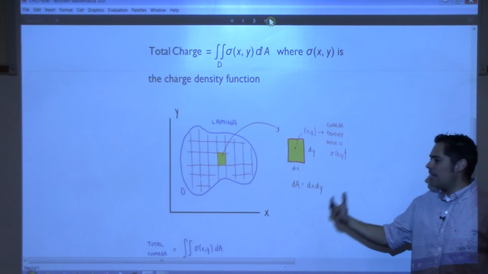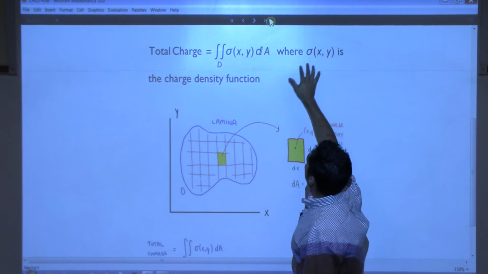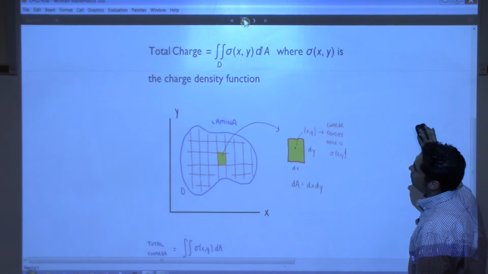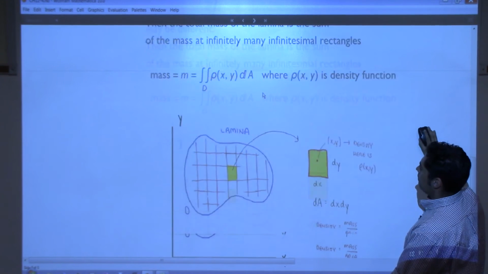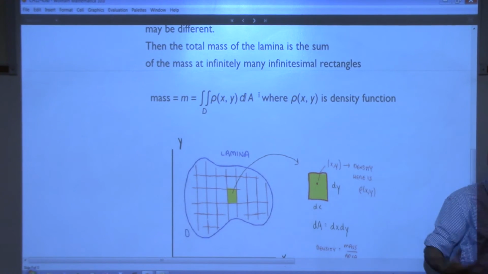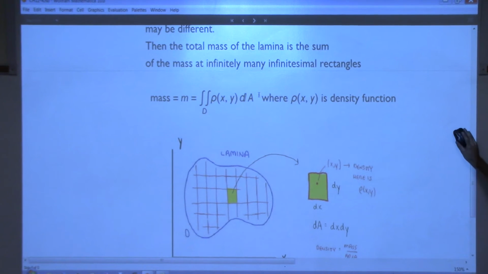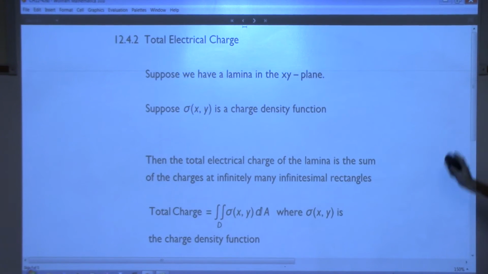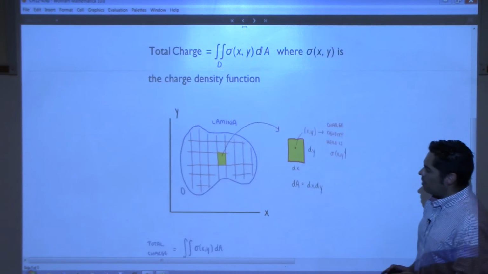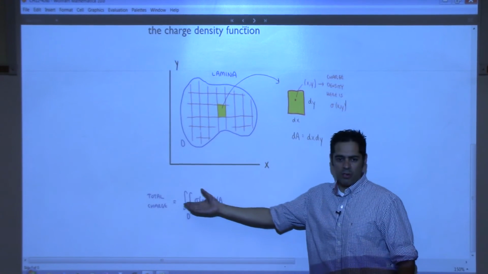So again, it's the same concept. What is the meaning of this function? In the previous example, rho of xy was a density function. In the second example, it was the charge density. So if you do this double integral, it gives you the total charge.